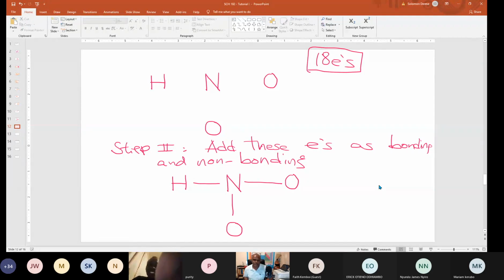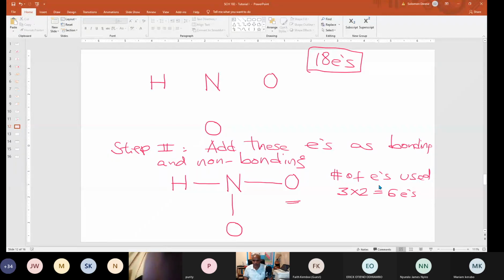Before I go on, the number of electrons used so far is 6, because of the 3 bonds, 3 times 2, 6 electrons.